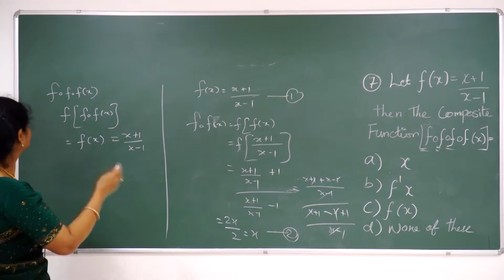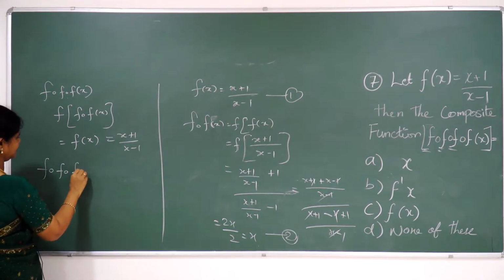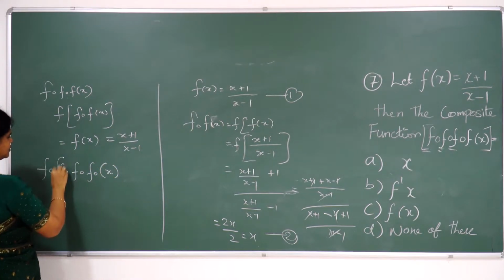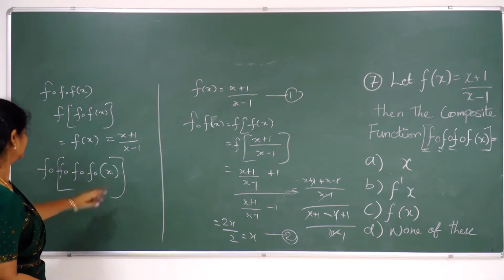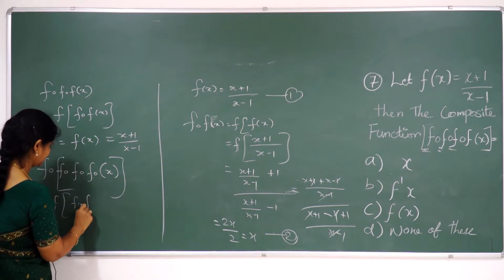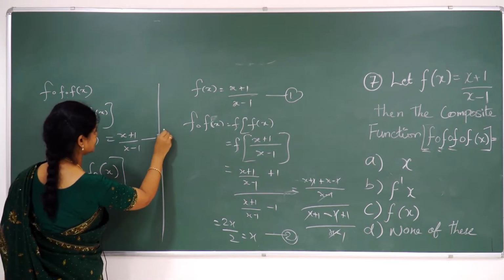Similarly, the fourth composite of f. It's a very simple question. What is this value? This is f of f composite f composite f of x. Mark this as equation number 3.